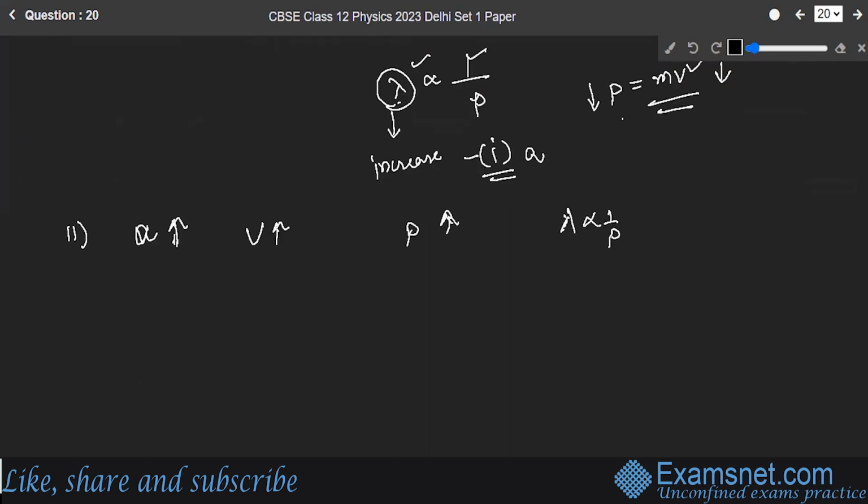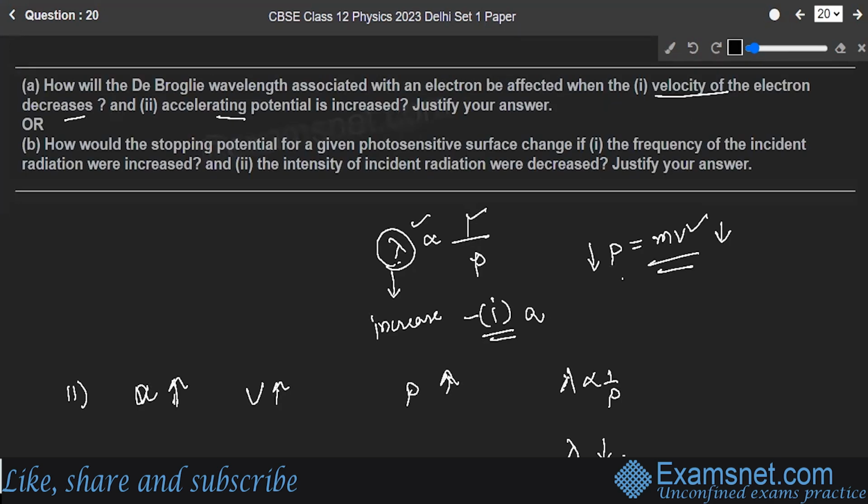So if the momentum is increasing, wavelength will decrease. That's it. This is your A part. So what will happen to the wavelength? It will increase in the first case and decrease in the second.